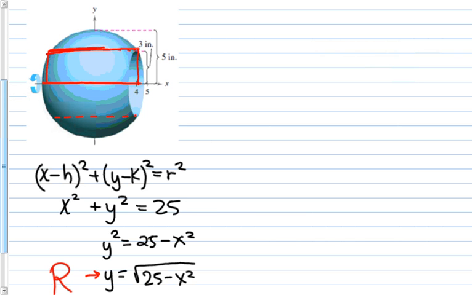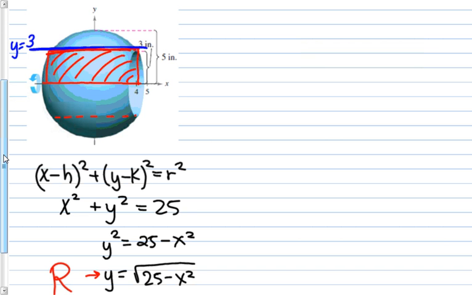So this area can be determined by using this equation right here. Okay? That inner tube has a radius of 3. So then this makes it y equals 3. Now, I do need to figure out where those two graphs actually touch.